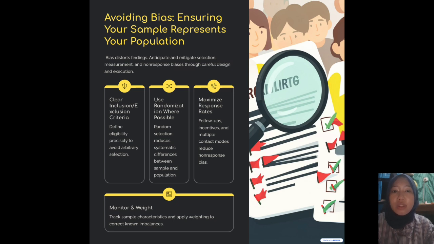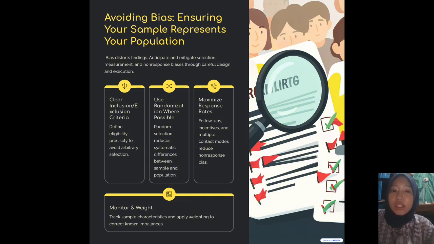We can also monitor the data and adjust it if necessary to make sure it reflects the population properly. By reducing bias, we can improve the accuracy of our research results.